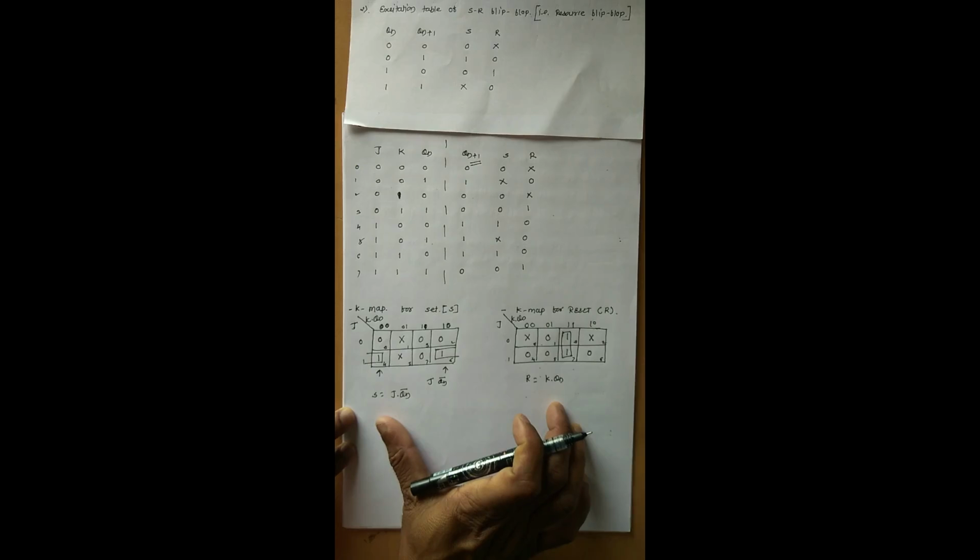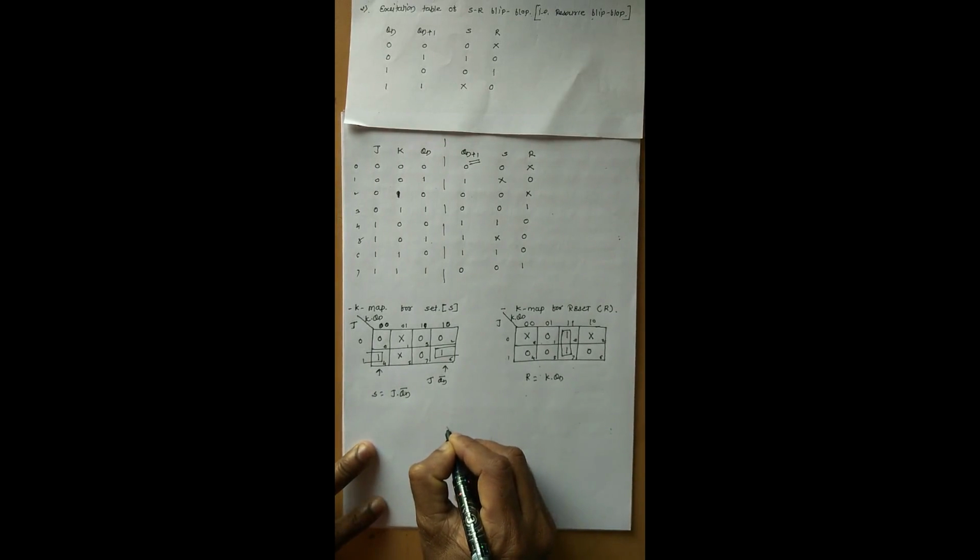In this way we have to find out the logic value or logic diagram of this. So which flip-flop is available? Set and reset. So first draw the logic symbol of set and reset. Outputs are Q of n and Q of n bar. We are using here positive edge triggered flip-flops.